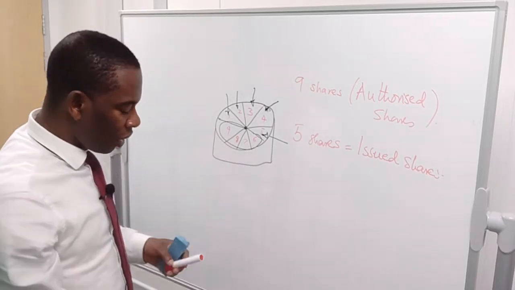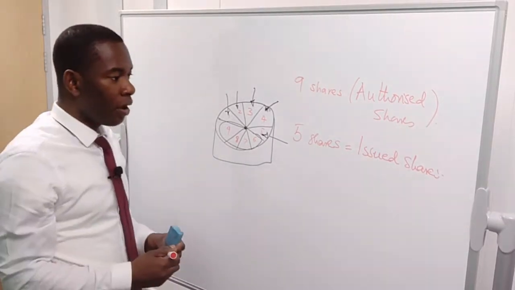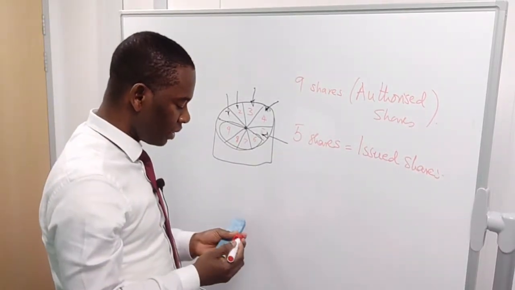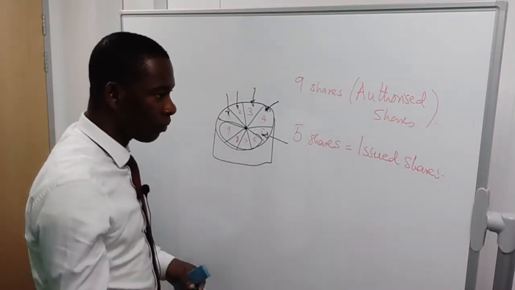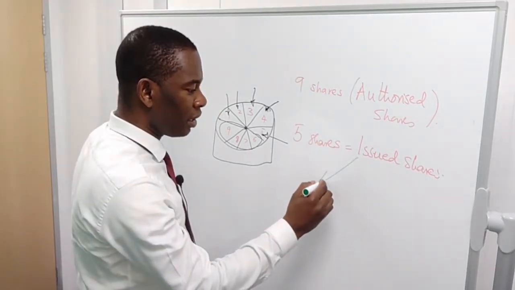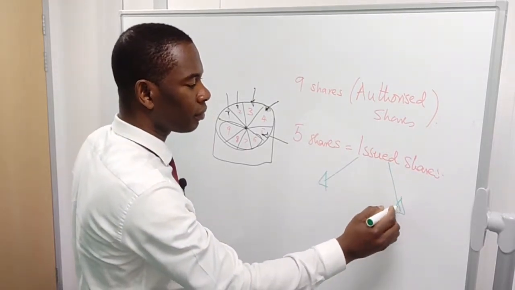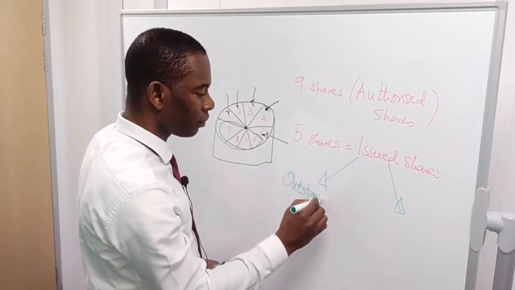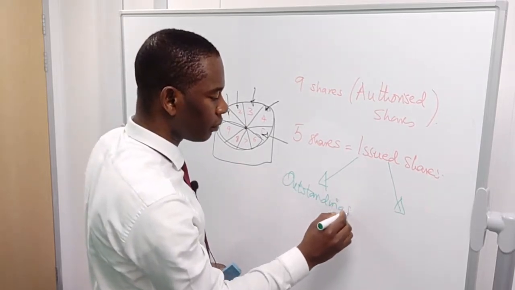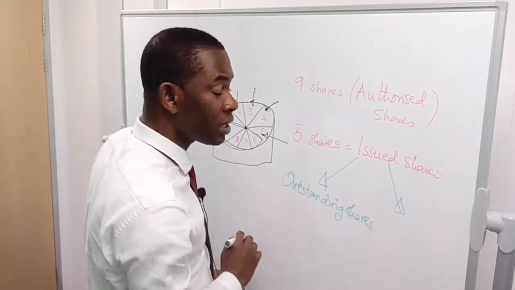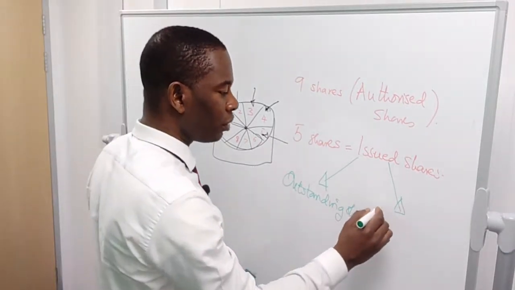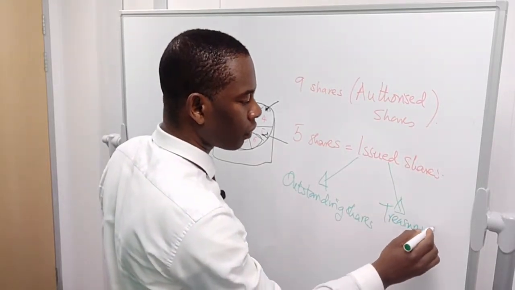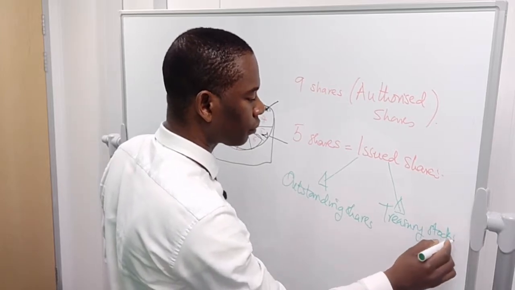Now, of these issued shares, we have another set called outstanding shares, and another one called treasury stocks.